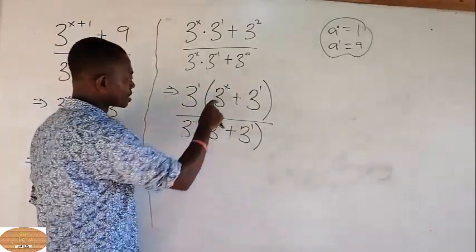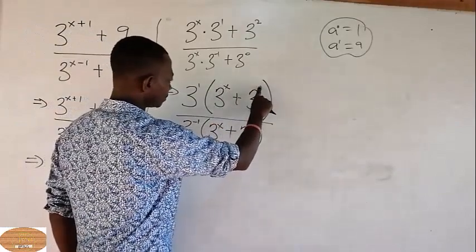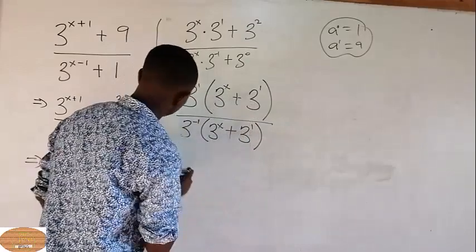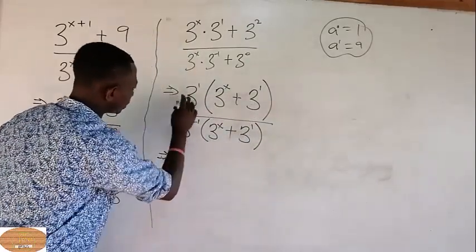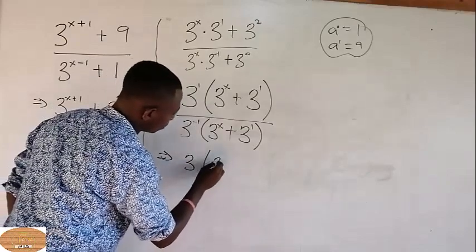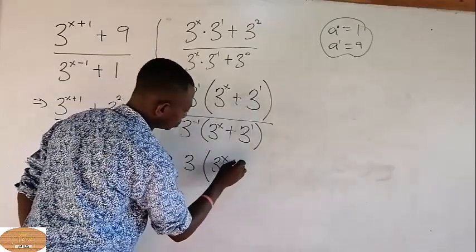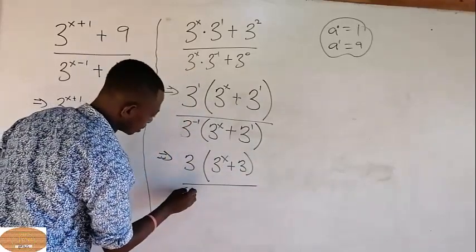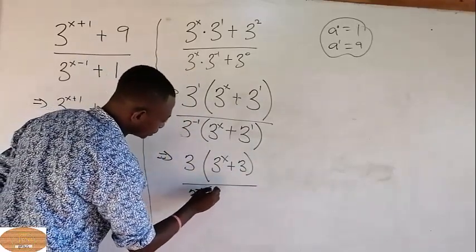Now we have e to the power x plus e to the power 1, which is 3. And this one is the same as this, so I can say this one is 3. Now this one, e to the power x plus, is also 3, all over 3 to the power minus 1.